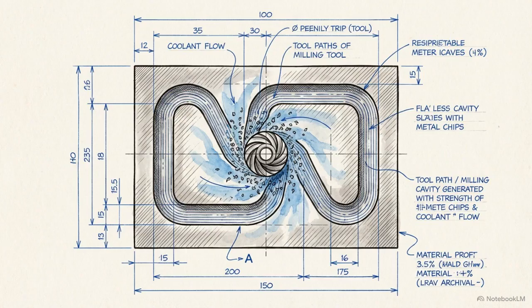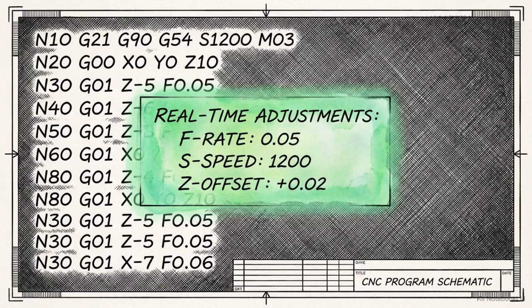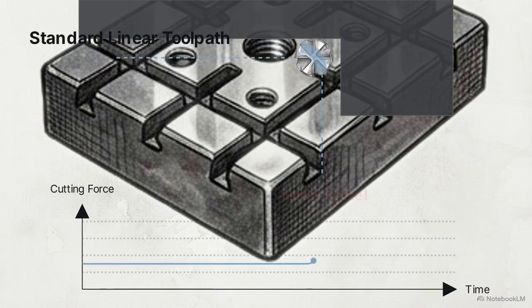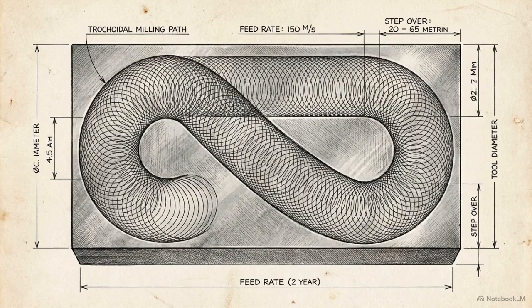Now, let's look at a top-down view of a milling cutter navigating a complex internal pocket. We can mitigate thermal and mechanical loads strictly through software. Standard linear toolpaths have a primary flaw. As the tool moves into corners, the engagement angle changes inconsistently, causing massive spikes in the cutting force. The solution is a software-driven kinematic strategy known as adaptive trochoidal milling.